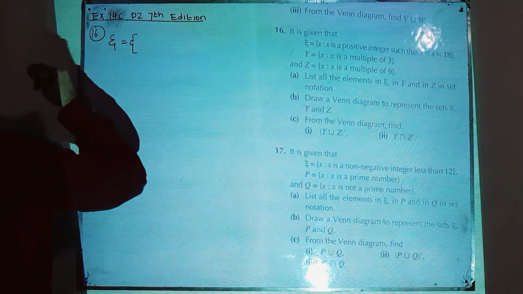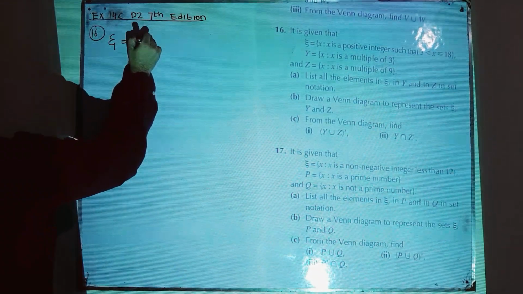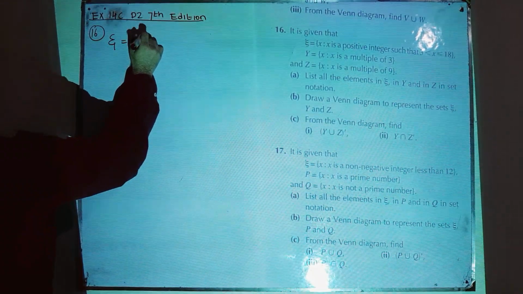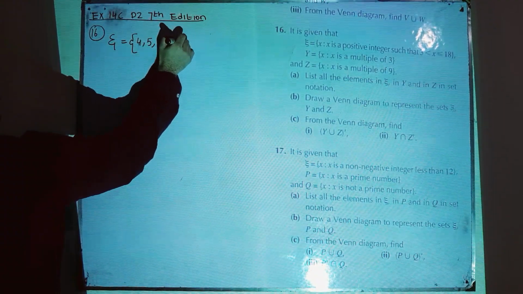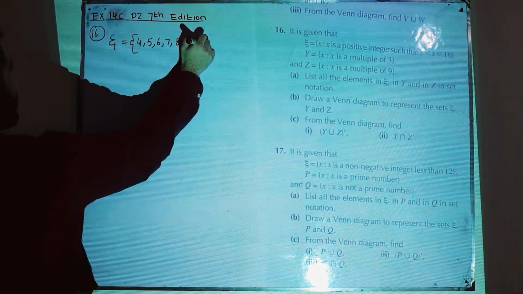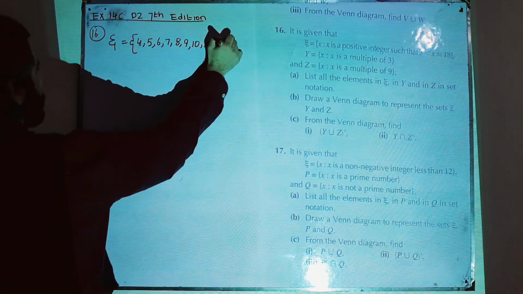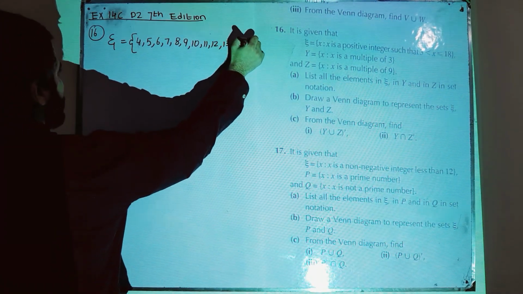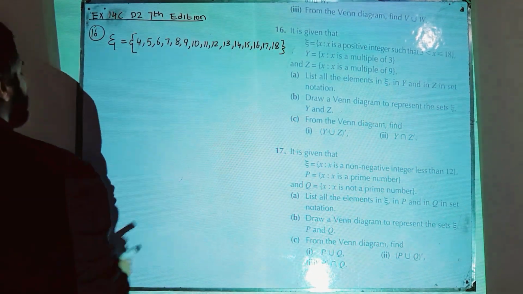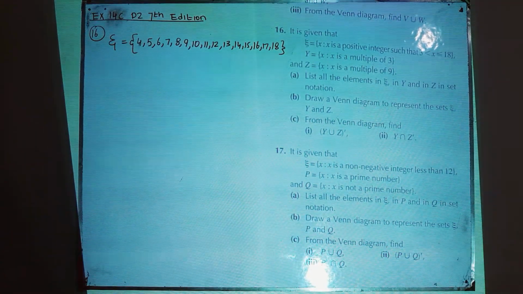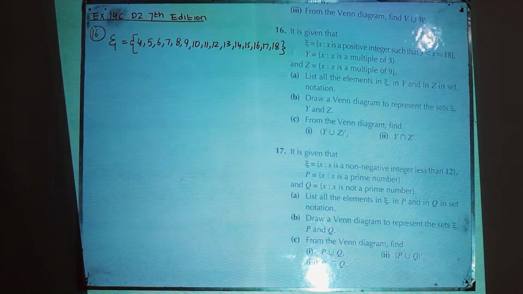The positive integers between 3 and 18, with 18 included, are 4, 5, 6, 7, 8, 9, 10, 11, 12, 13, 14, 15, 16, 17, 18. This will be your universal set from 4 till 18.